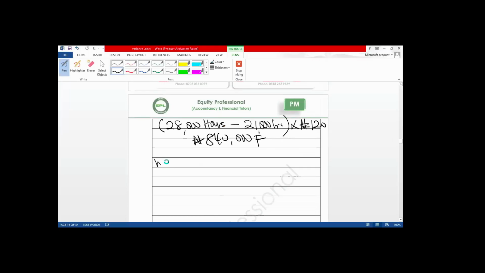Working 5, I'm not sure. Variable production overhead variance. I can divide into two. I have variable production overhead expenditure variance.